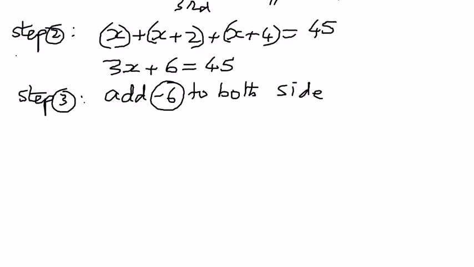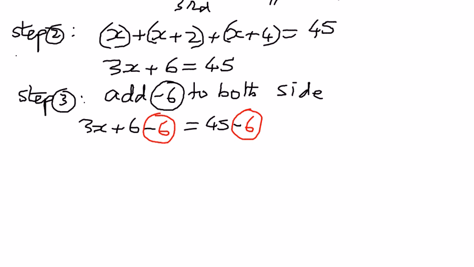When we do that, 3x plus 6 minus 6 is equal to 45 minus 6. The positive 6 and negative 6 cancel out, leaving us with 3x equal to 45 minus 6, which is equal to 39.